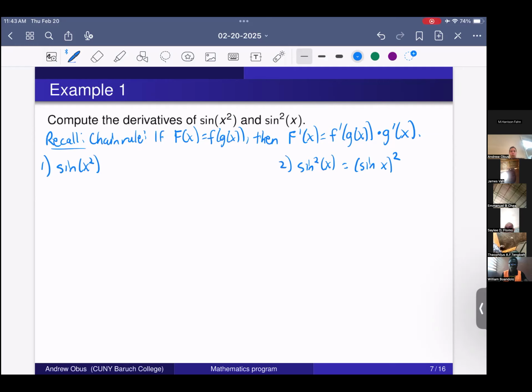Okay, so when you're first doing the chain rule, if you want to take the derivative of this, we have to recognize it as a composition, right? So if we recognize this as a composition, how do we do that? Well, this is f of g of x, where g of x is x squared, and f of x is sine of x.